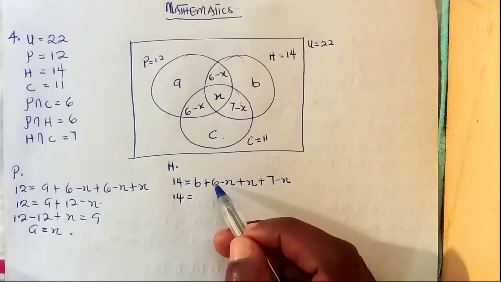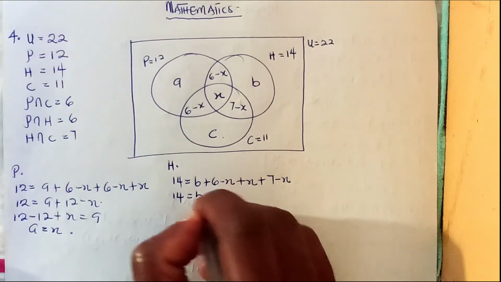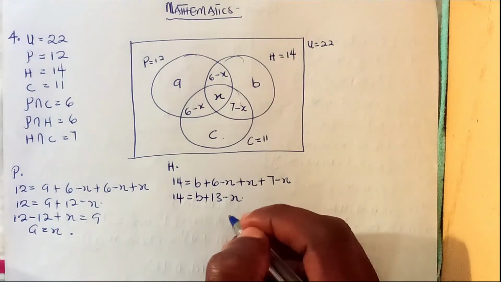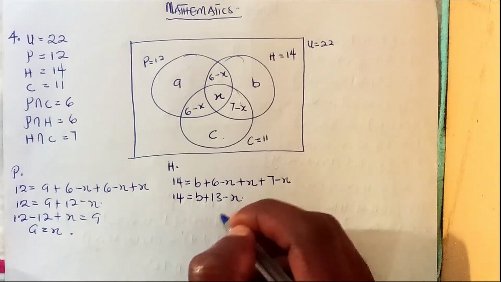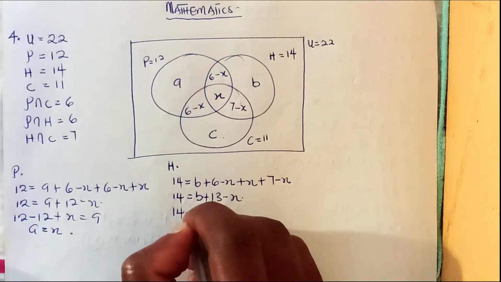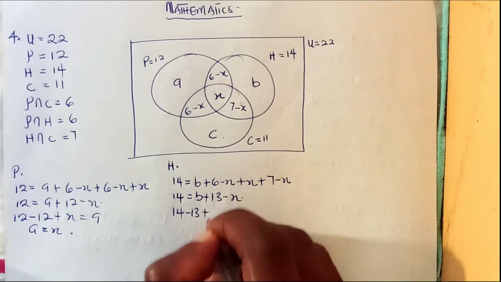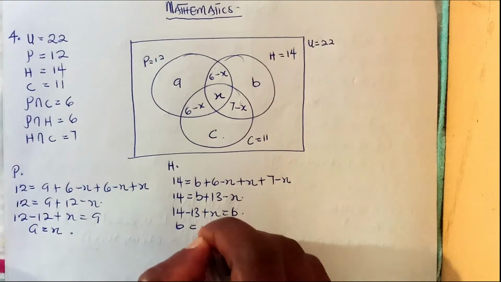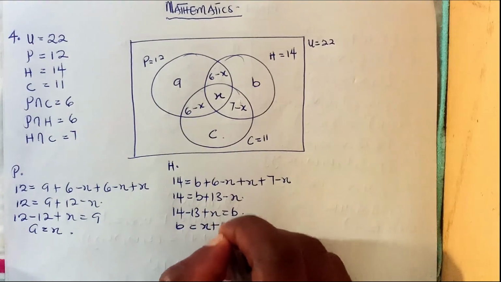So 7 plus 6 will give us 13. So we have B plus 13 minus X. Remove the 13 and minus X to the other side. So 14 minus 13 plus X equals B. Whereas we have B to be equal to X plus 1.